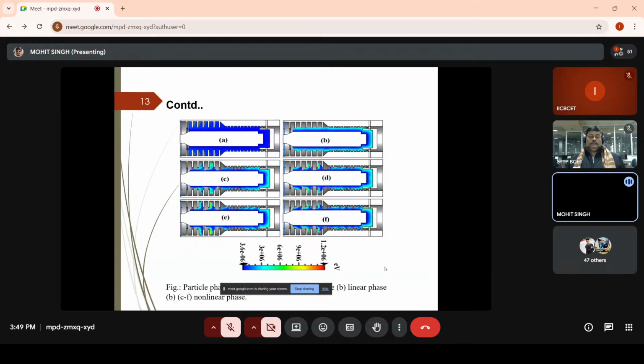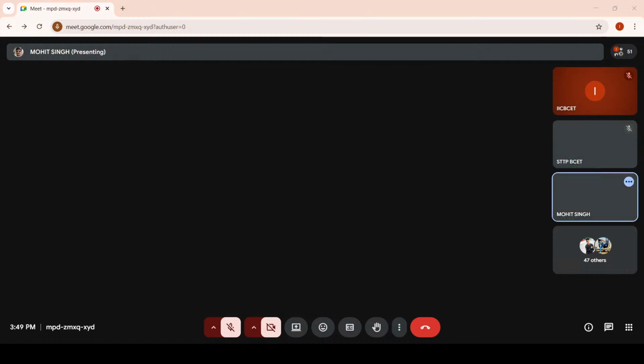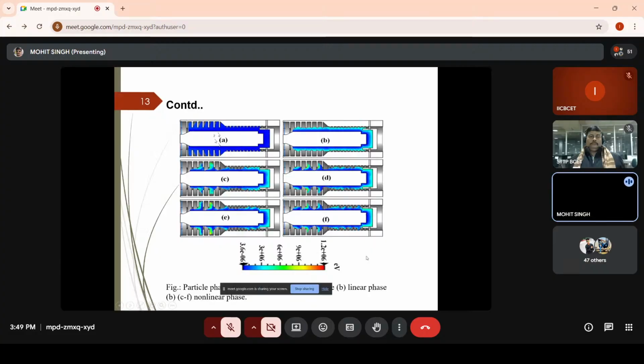Now, this is the simulation model I have kept for you. See, figure number A. Whatever the electron beam, the blue one is the electron beam, emitted from the cathode, they are reaching the anode.